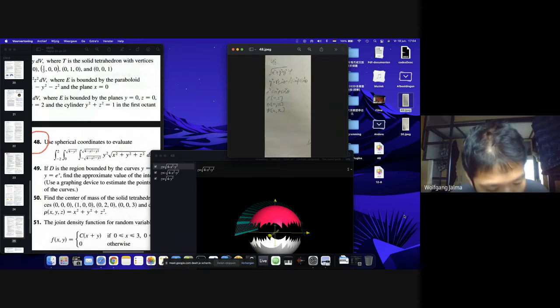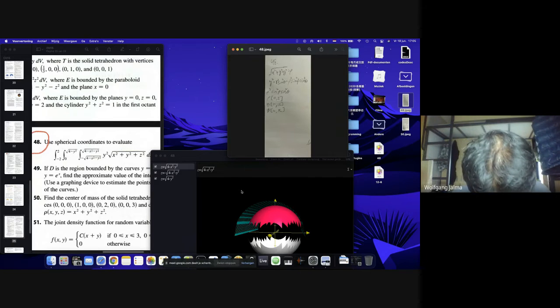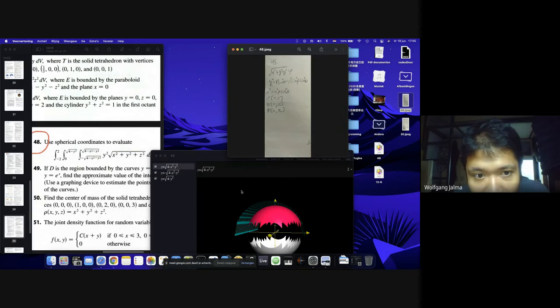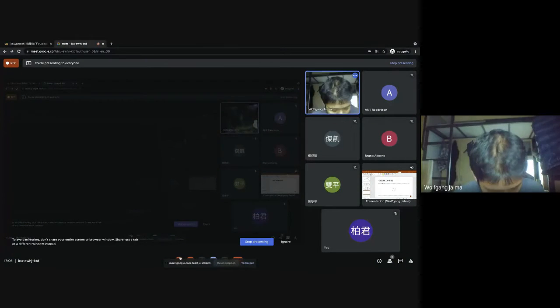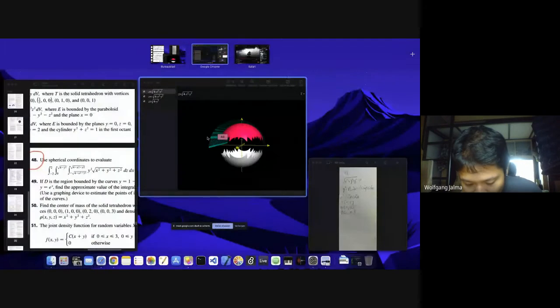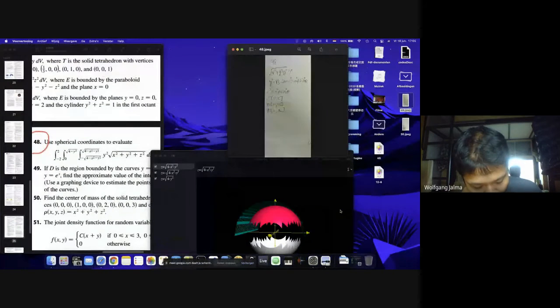Can you open your book, page 1102? Okay. I think you just use their transformation and everything will be fine after that.